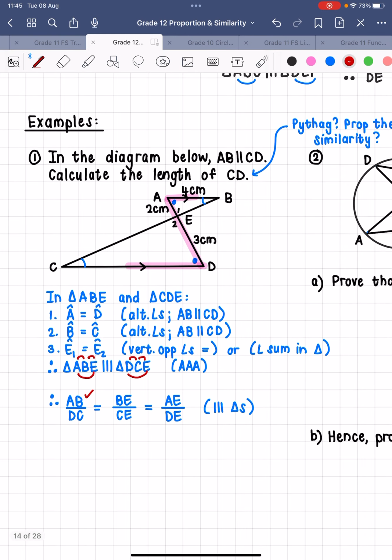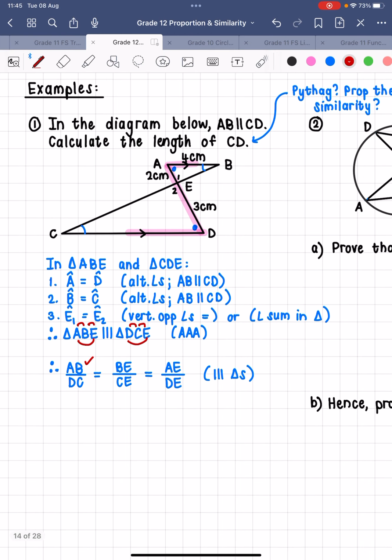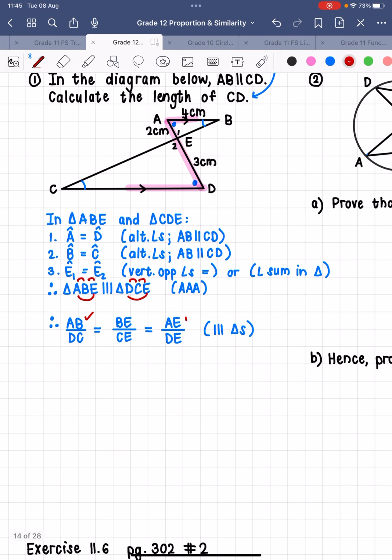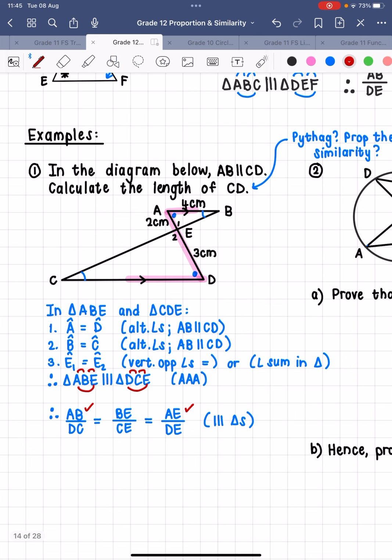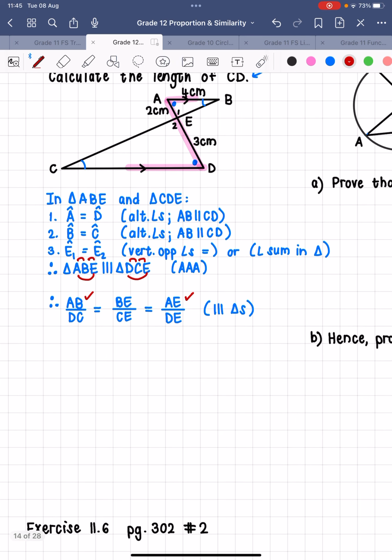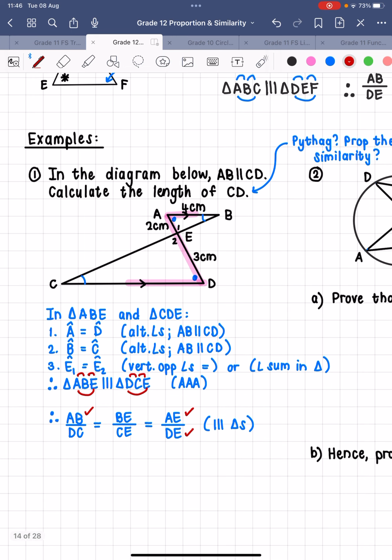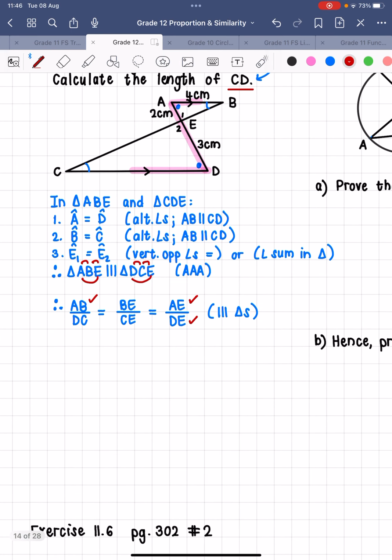They gave us the length of AE, so in my fractions, I'm going to have to use that one because I have to sub in AE. They gave us the length of DE, so I'm going to tick off DE. Those are the only 3 lengths that they gave us, but they're asking for the length of CD. So obviously we're going to have to use the fraction that has CD in. Otherwise, we're not going to be able to solve for CD.